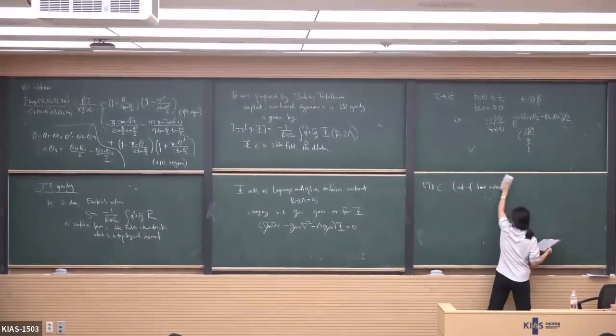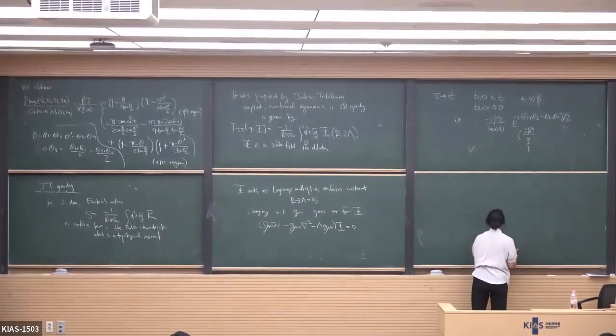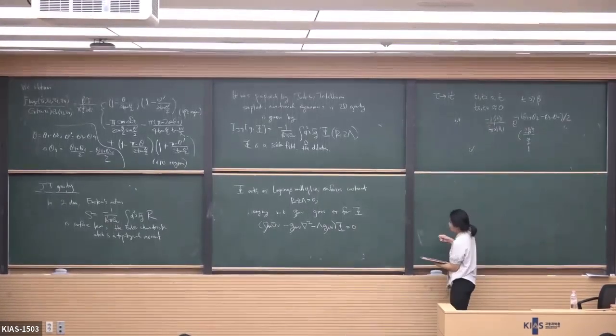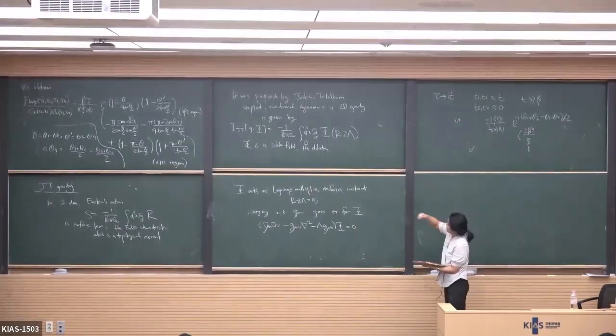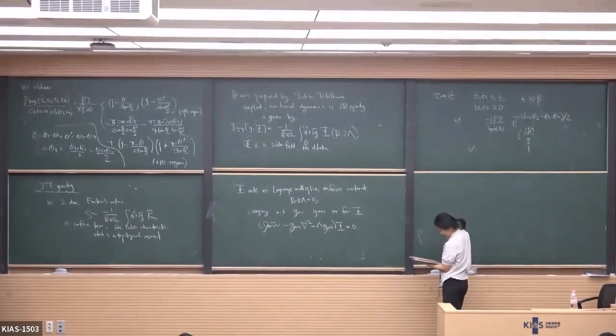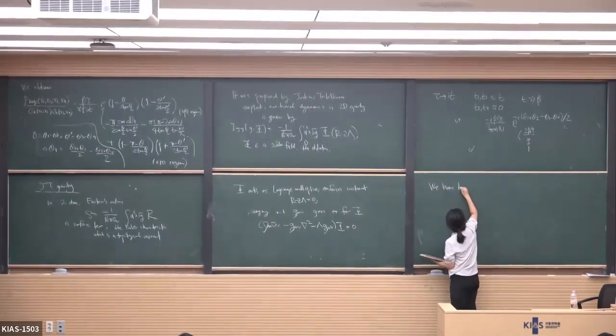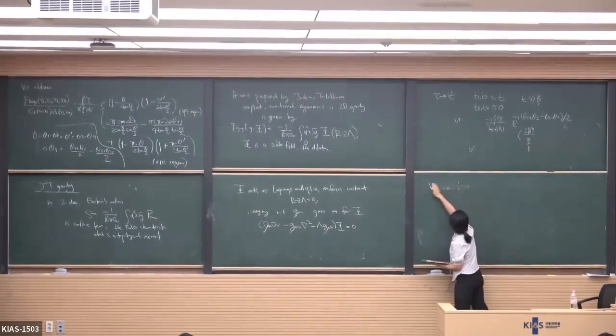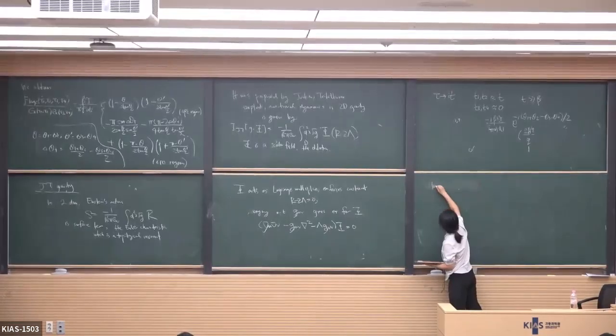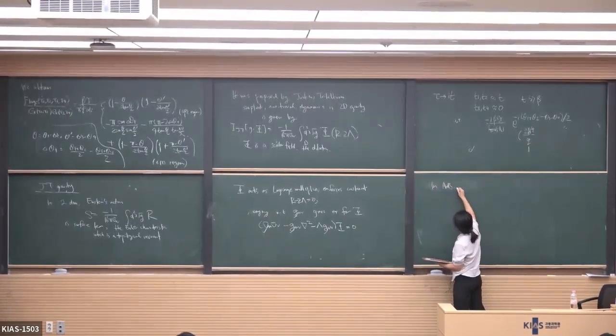So in JT gravity, we have to add a boundary term that is given by the dilaton multiplying the extrinsic curvature. So we have to add a boundary term in AdS, or in any space-time with a boundary.